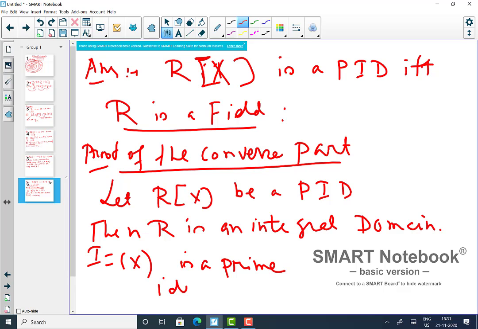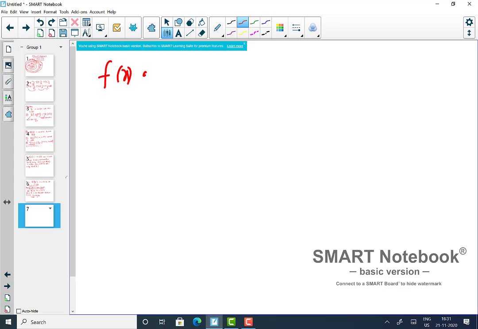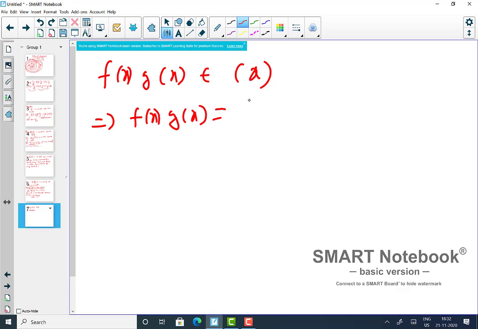This is obvious because if a product belongs to that ideal, that is, if f(x) and g(x) are such that f(x) g(x) belongs to the ideal generated by x, then you can write f(x) g(x) equal to x times h(x), and hence x must divide one of them: x divides f(x) or x divides g(x).